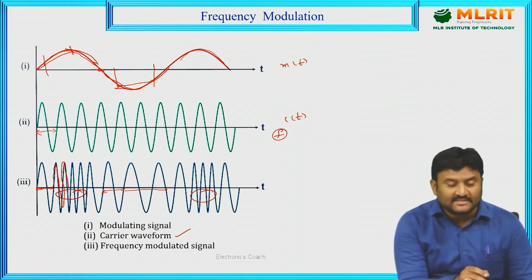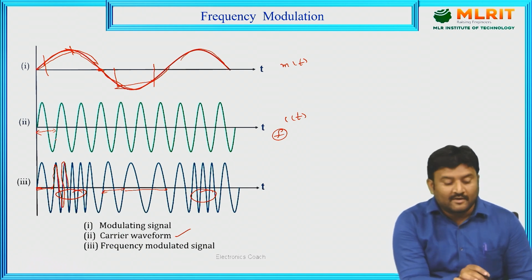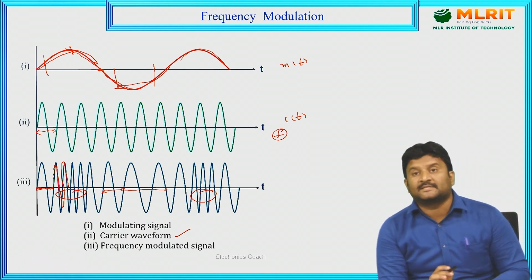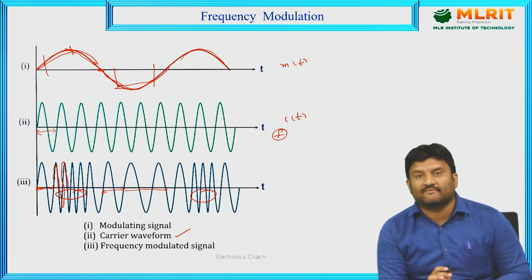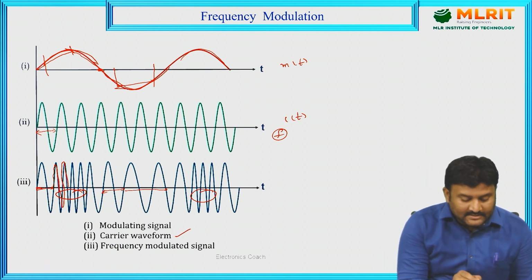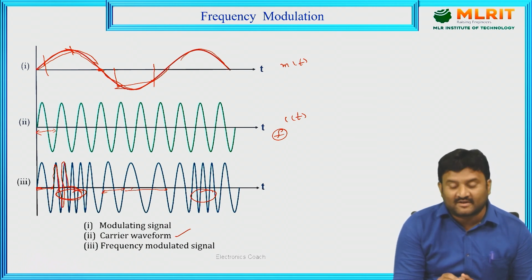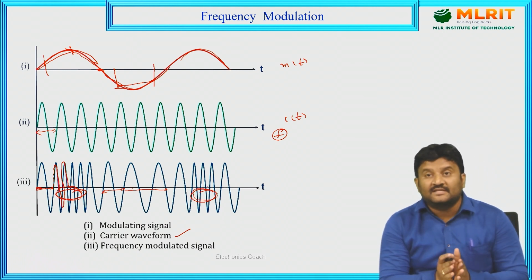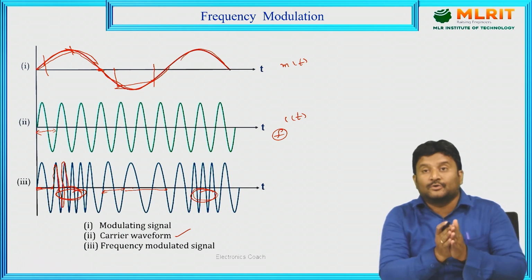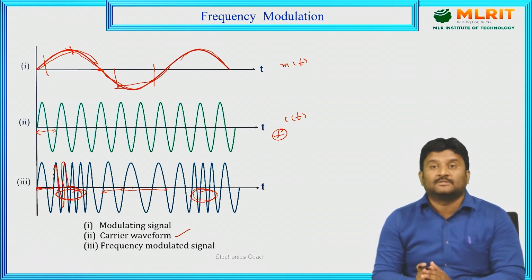The frequency of the carrier signal is varied according to the levels of the message signal. That is called frequency modulation. This waveform represents, observe here, the high value of the frequency and the low value of the frequency, again a high value. The frequency shifts from high to low to high.